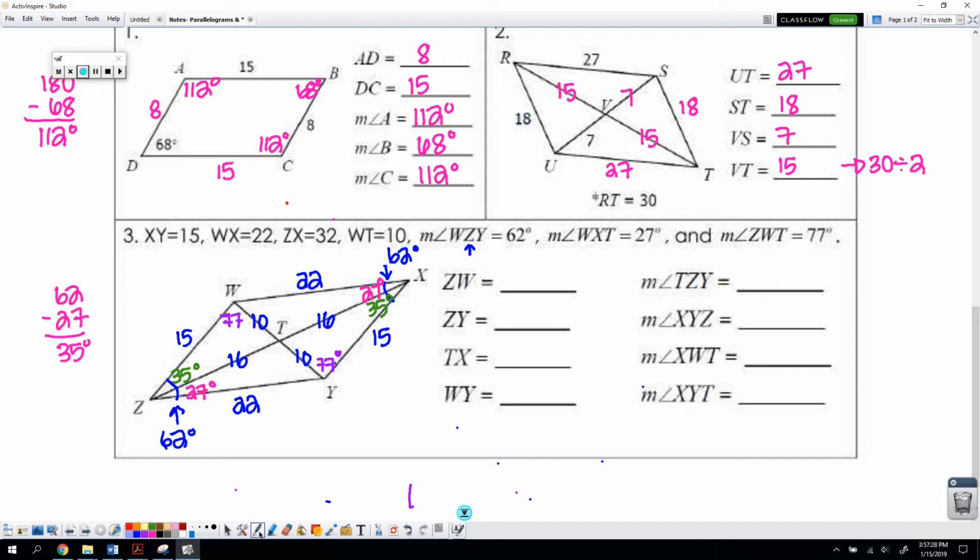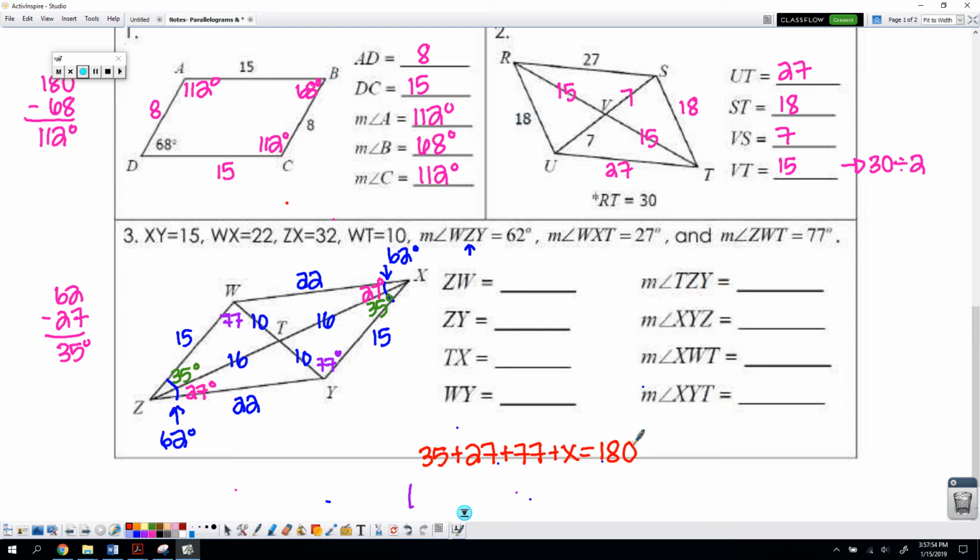Now notice Z is made up of two parts, 35 and 27, and W is made up of two parts, but we're missing one of the parts. So what we can do is find it. I'll write down that I have 35 plus 27 plus 77 plus X equals 180.